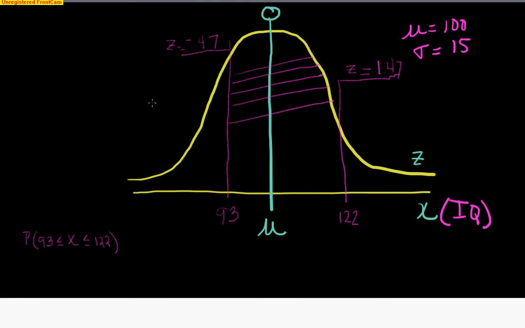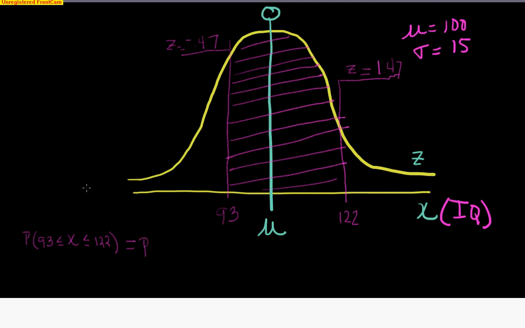We are going to have to do some subtraction again because our z-table only helps us to the left. Another way of writing this would be the probability that z is less than or equal to 1.47, but greater than or equal to negative 0.47.